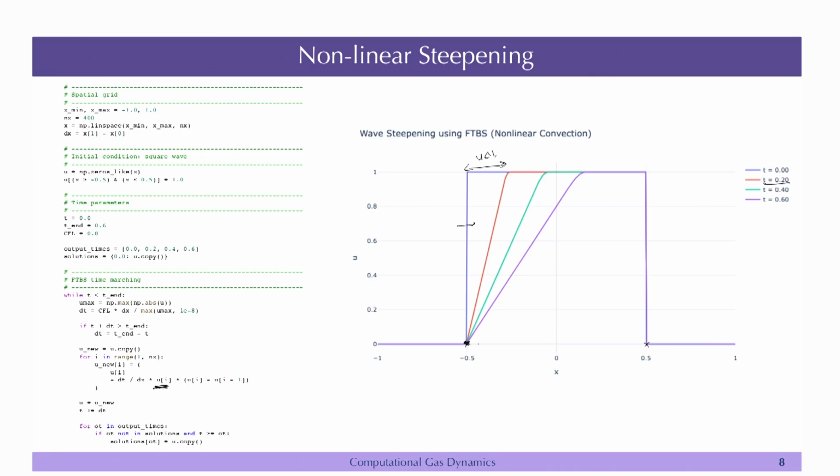And so your profile will go like this, and like this, and you keep on doing this, and eventually it will basically make a shock here. It cannot cross this line, so it will make a shock here because the value is 0 here as well. So it will have steepening and there will be a shock here. This is how the shocks are formed, we have seen that earlier.